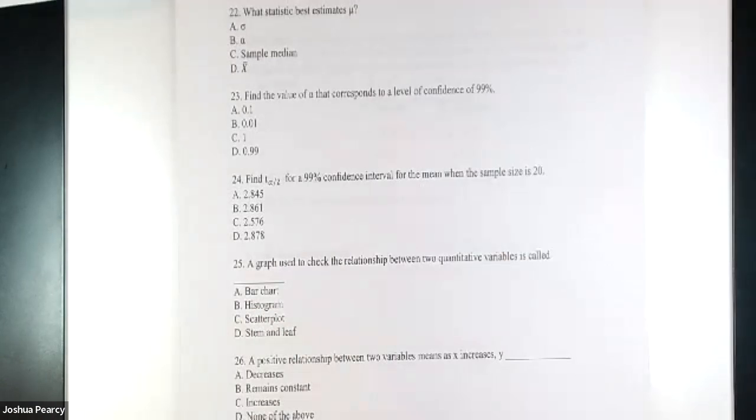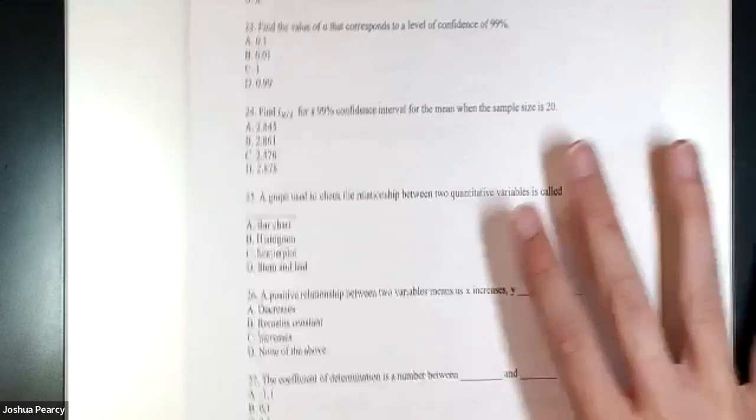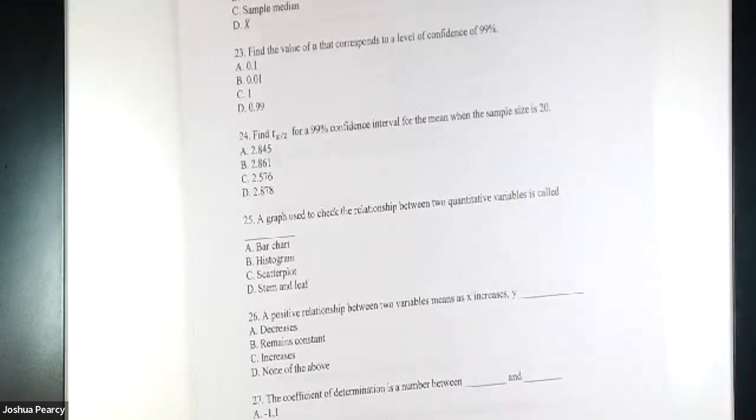So you need to use the degrees of freedom, which is equal to what in this case? 19, correct? And then intersect that with a 99% confidence level and you get what? Anyway, B.